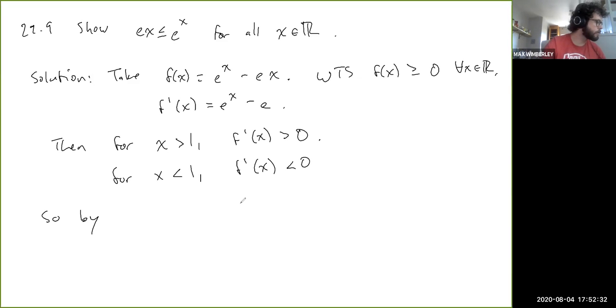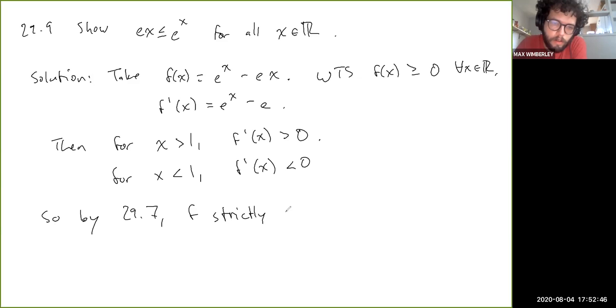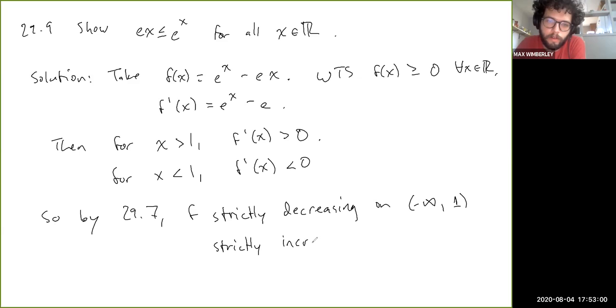The theorem about increasing and decreasing, 29.7. F is strictly decreasing on negative infinity to 1 and strictly increasing on 1 to infinity.